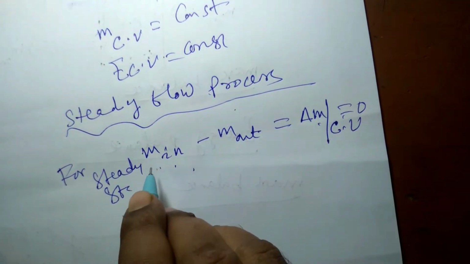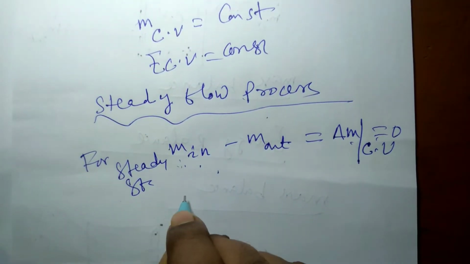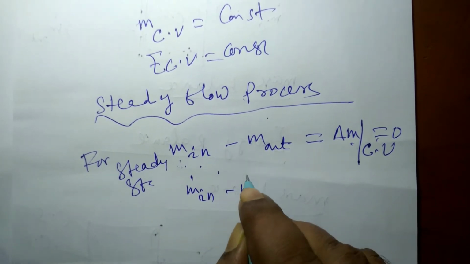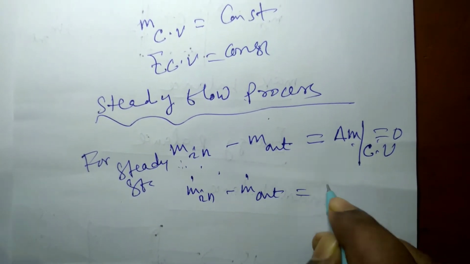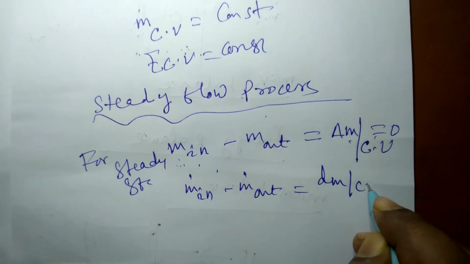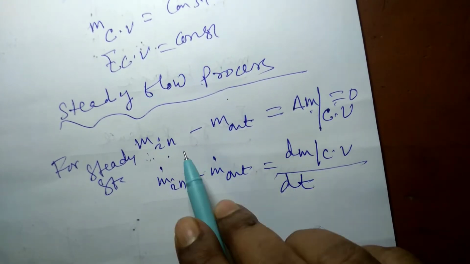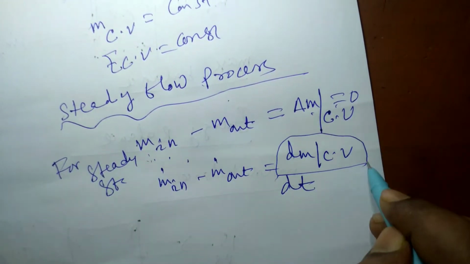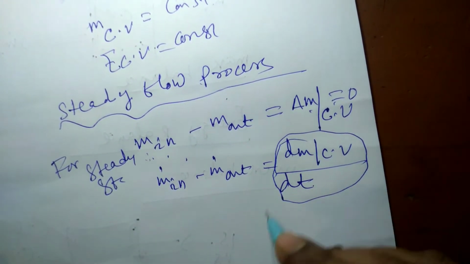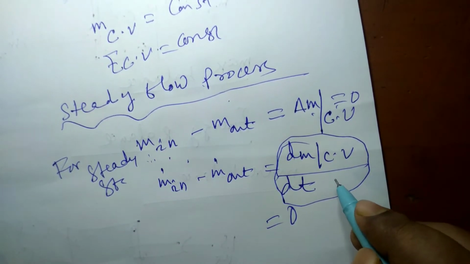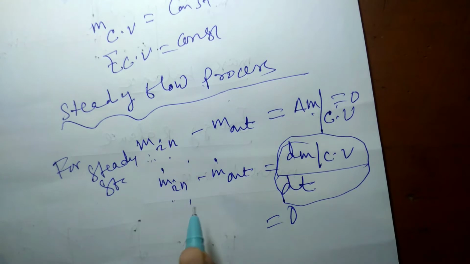If you take this equation in rate form, I will write this per second: M dot in minus M dot out is equal to dM of cv divided by dt. Since this is a steady flow process, anything you differentiate with respect to time will be 0, because no property will vary with time. So M dot in minus M dot out is equal to 0.